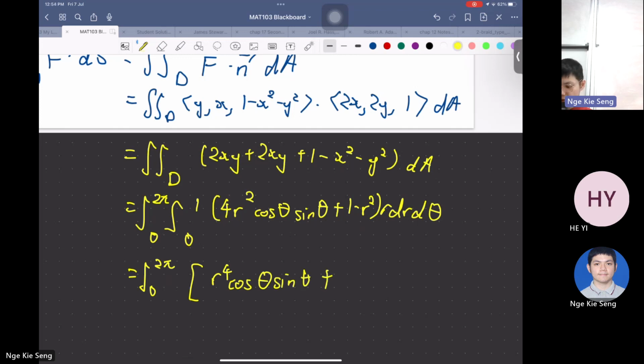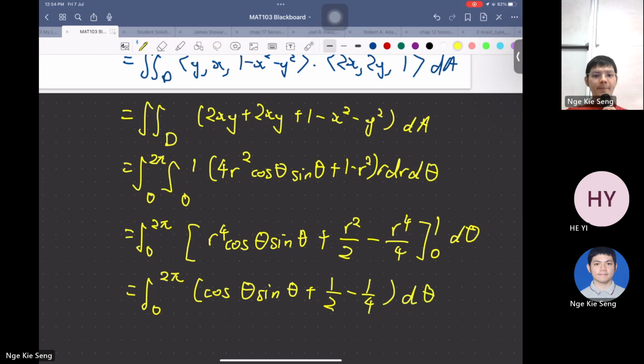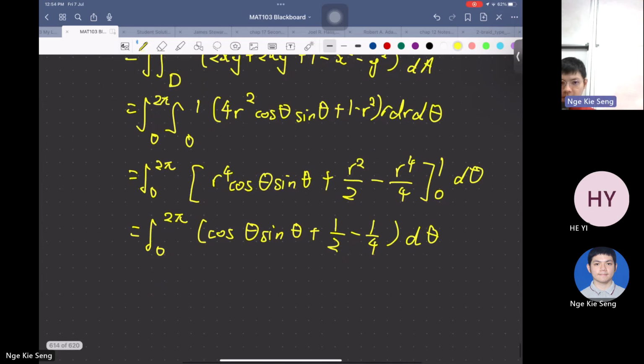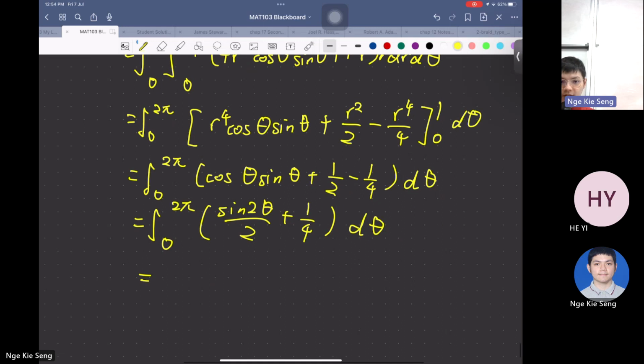You should get this expression here: the integral of (cos θ sin θ + 1/2 - 1/4) dθ, which equals the integral from 0 to 2π of (sin 2θ / 2 + 1/4) dθ.